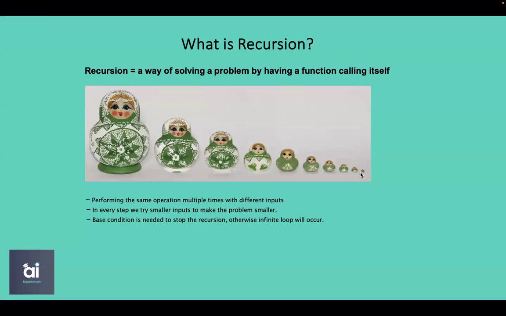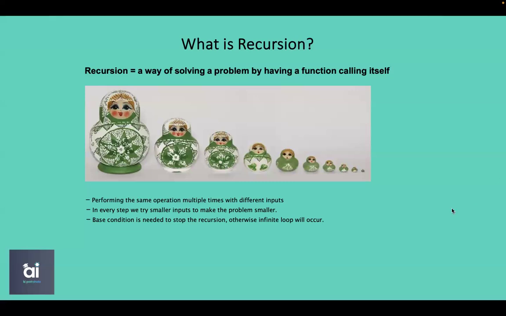Now you might be wondering, what if we don't provide the base condition? In this case, the system will not know when to stop recursion, and this will lead to an infinite loop. No one wants to get inside an infinite loop because you never come out of it.